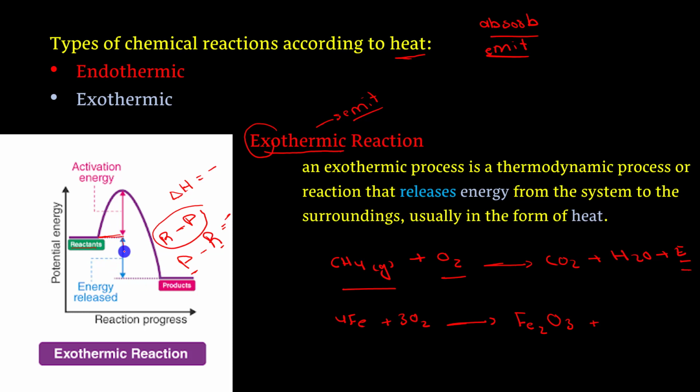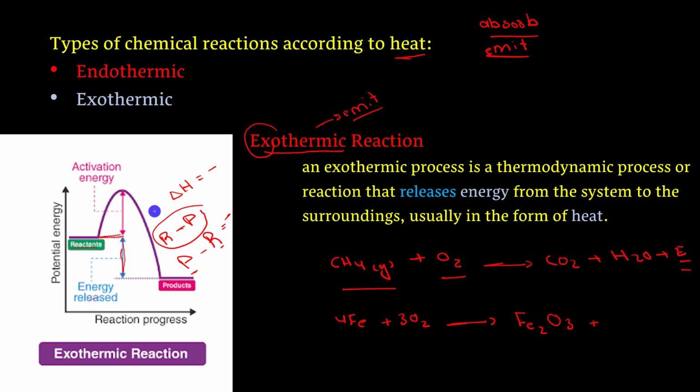This energy, from the first point to the last point, is the energy released to the surroundings. This is the released energy, right? So these kinds of reactions are called exothermic reactions.